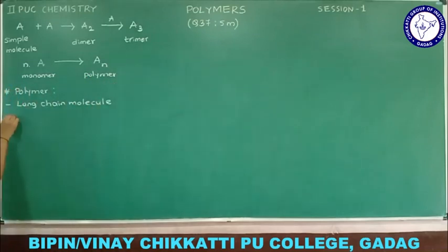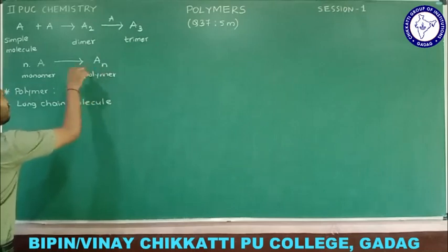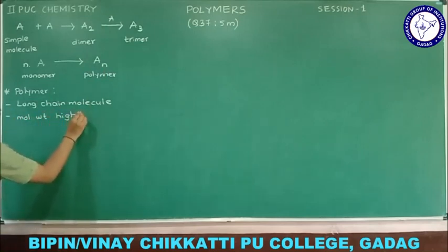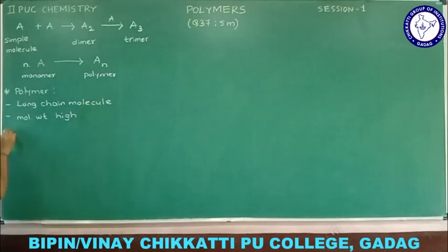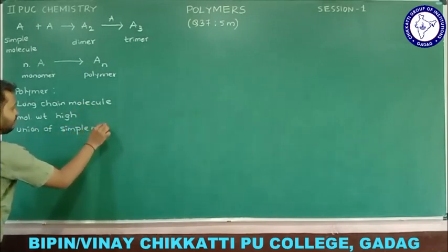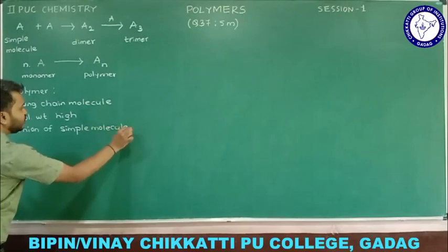Since we have n number of monomers inside the polymer, the molecular weight will usually be high. They are formed by the union of monomers, or union of simple molecules. The same simple molecules we call monomers.